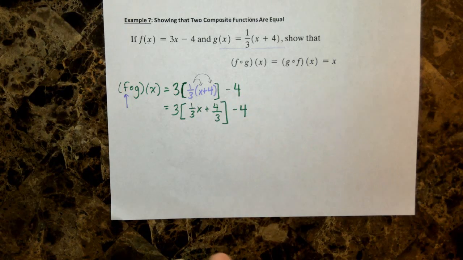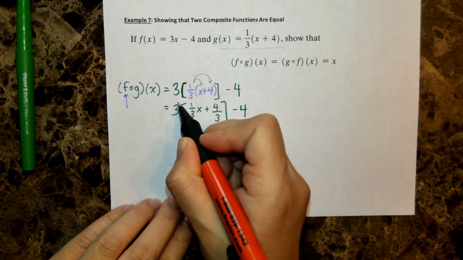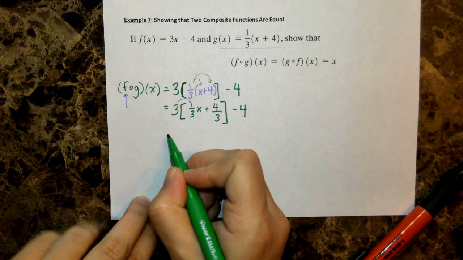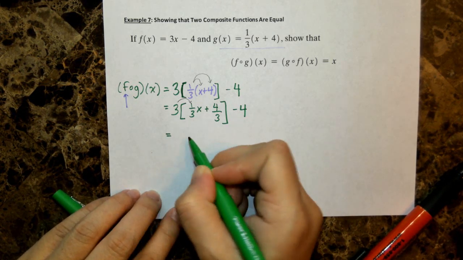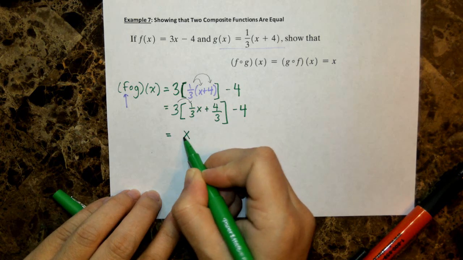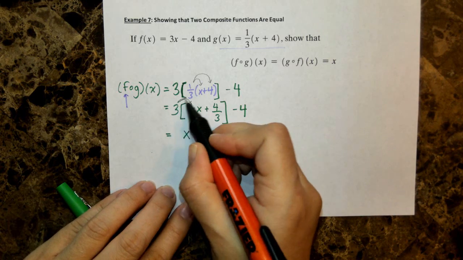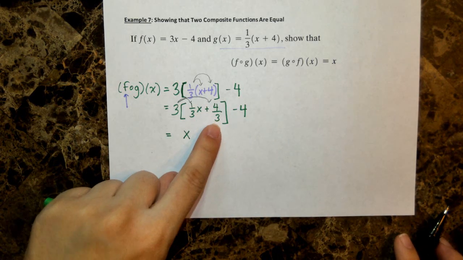4. And then I'm going to distribute this 3 to everything inside the bracket. So 3 times 1/3 x. Well, 3 times a third is just 1 whole. You can write 1 whole, or you can just leave the 1 off, and then we have x. Then I have 3 times 4/3, which is just 4.